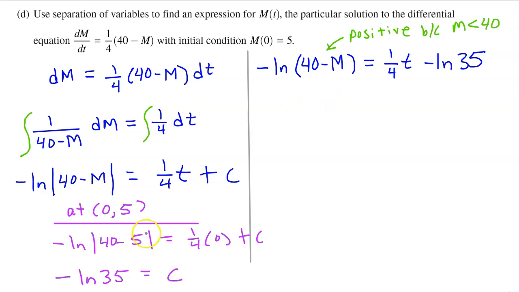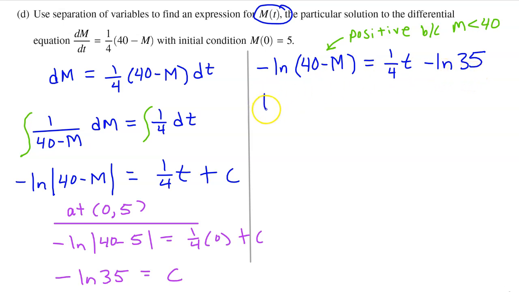I'm going to go ahead and drop the absolute value now because 40 minus m is always positive, because we were told that m is always less than 40. So I just need to solve this equation for m. I need to get m by itself because they said find an expression for m of t. I would like to get rid of this negative sign, so I will multiply both sides by -1.